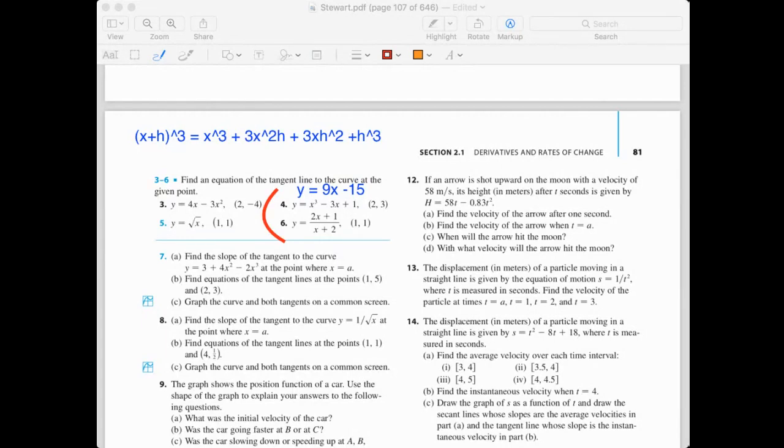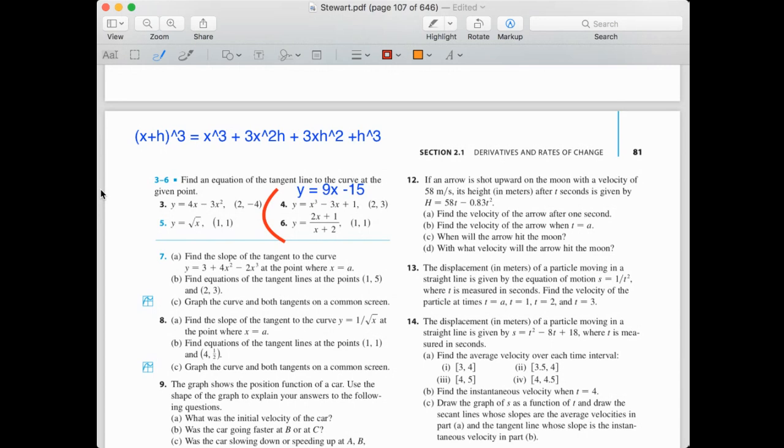Yeah. So I'm gonna start with the quotient rule of 2x plus 1 divided by x plus 2. So there will be 2 times parentheses x plus 2 minus 1 times parentheses 2x plus 1, divided by x plus 2 to the power of 2.